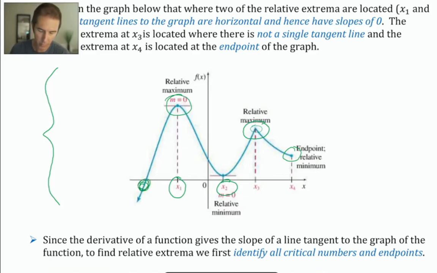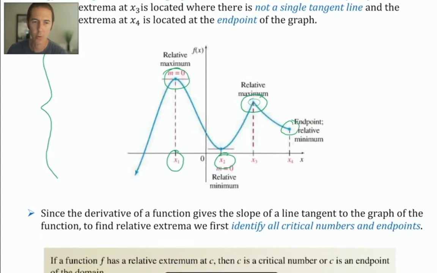For example, this point right here, the stuff to the right of it is above it, the stuff to the left of it is below it, so it's not a maximum or a minimum. It's not the top of a hill or the bottom of a valley. So if the graph continues off to the left, just diving down, I don't think we're going to see any more relative maximums or minimums over there.